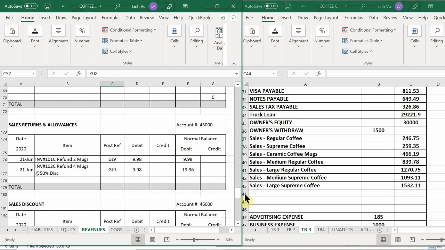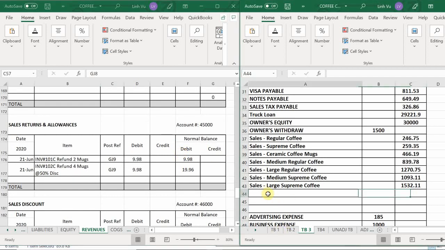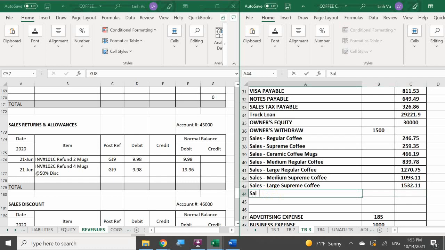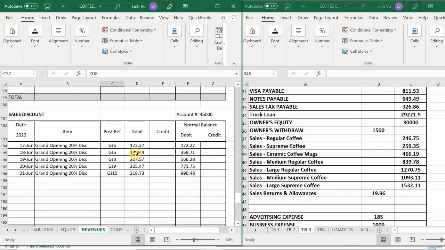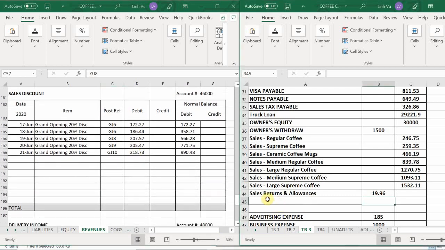Sales returns and allowances. We have 1996. Okay, a debit or credit? Debit. 1996. Okay. Then we have a sales discount.